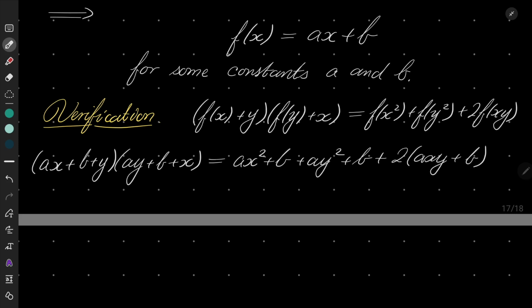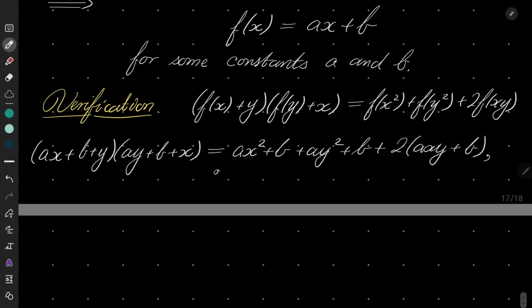And now it's a matter of simplification, of writing everything separately.